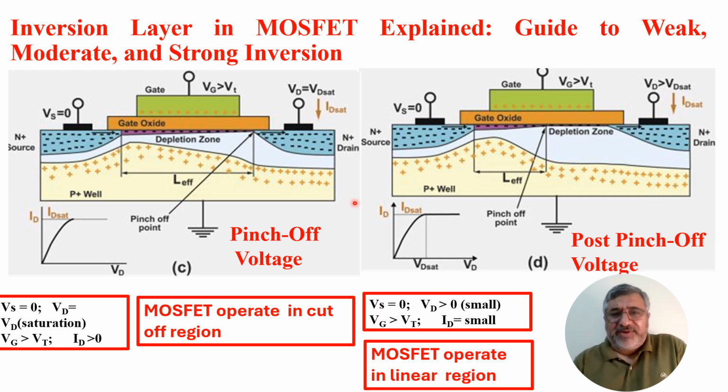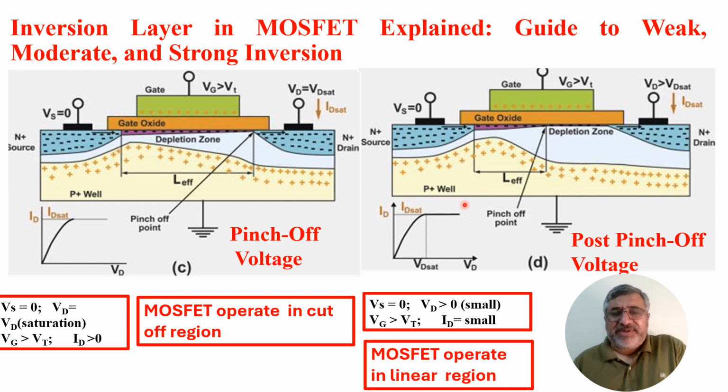Now look at figure D, where VDS is continuously increasing and we will observe the saturation region, which is called post pinch off. Once the transistor reaches the pinch off point, it enters into the saturation region. Now the drain current becomes relatively constant and is primarily determined by the gate source voltage, not the drain voltage.